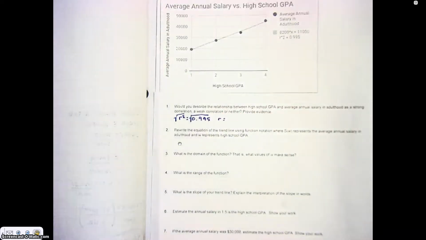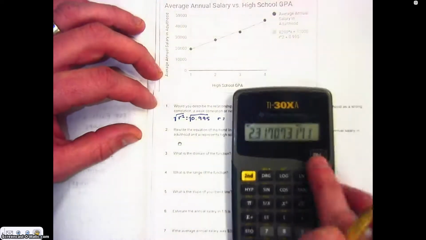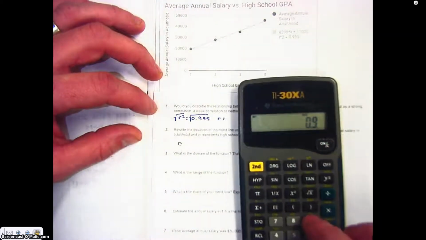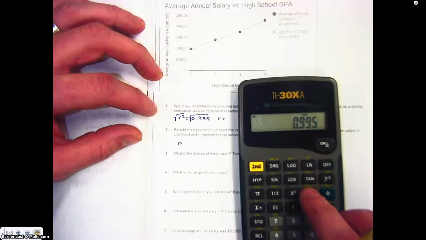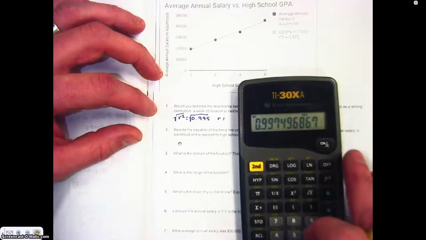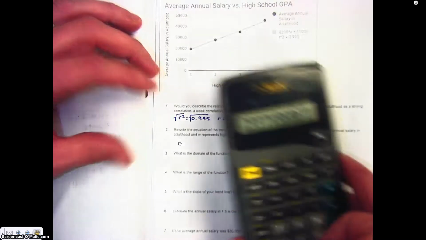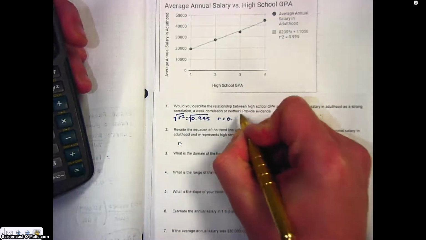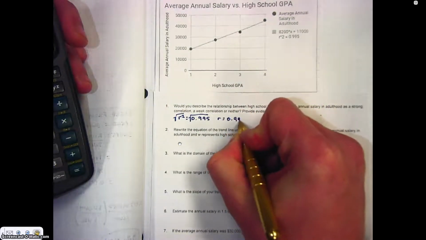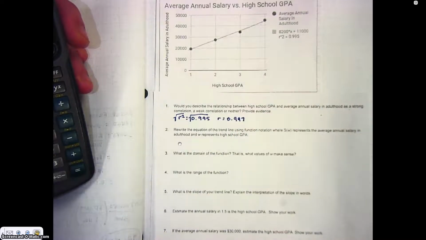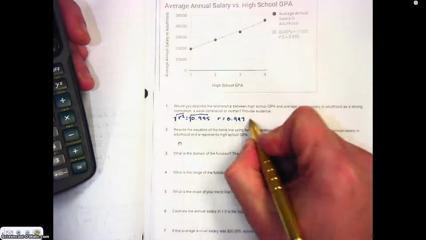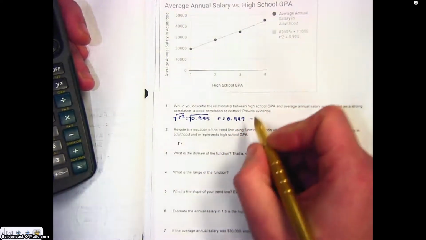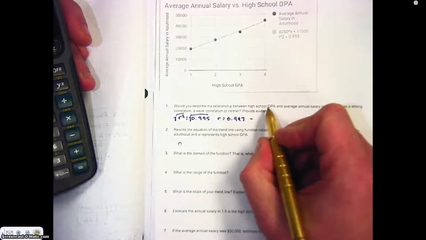And so if I take 0.995 and I take the square root of that on my calculator, I get 0.997. And so our R value is 0.997. And so with that information, we do know that it is a strong correlation.